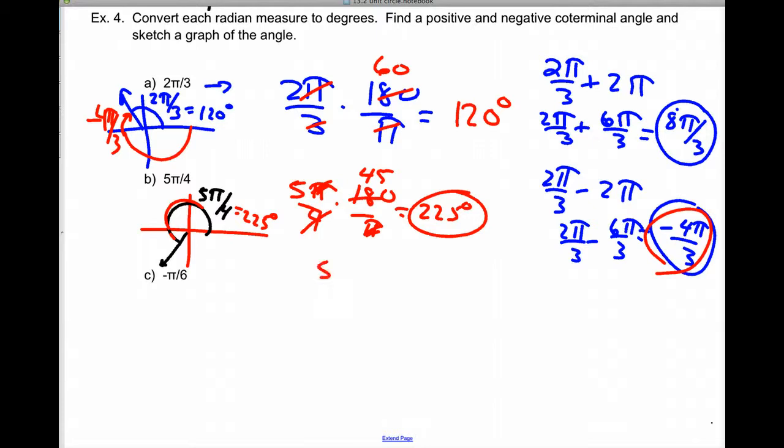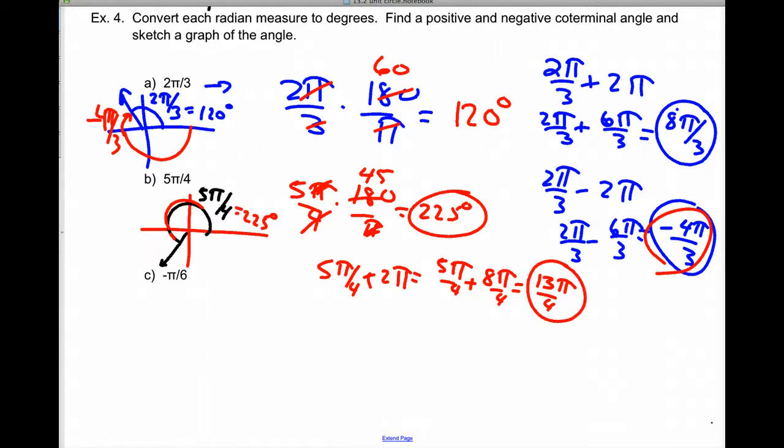Coterminals: 5 pi over 4 plus 2 pi turns into 5 pi over 4 plus 8 pi over 4, which is 13 pi over 4. And then you got 5 pi over 4 minus 2 pi would be 5 pi over 4 minus 8 pi over 4, which is negative 3 pi over 4.